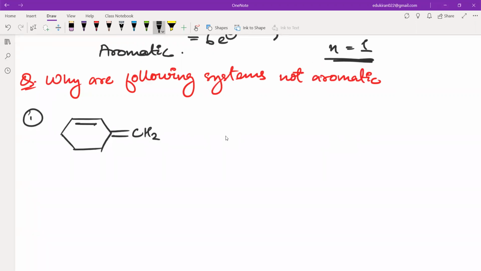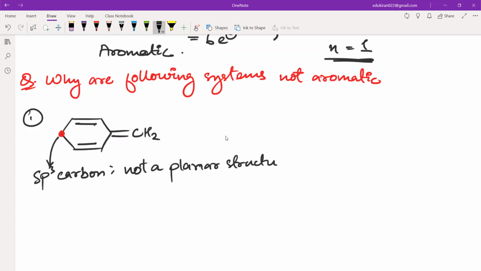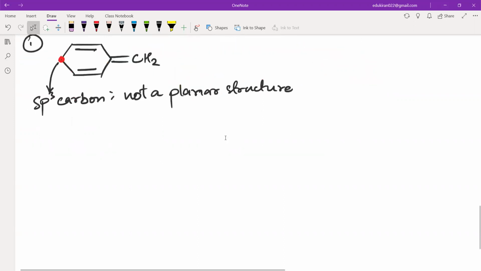CH2, and we have pi bonds here and a pi bond here. Now, in this structure, we can easily identify that this carbon atom is sp3 carbon, and that is why it is not a planar structure.